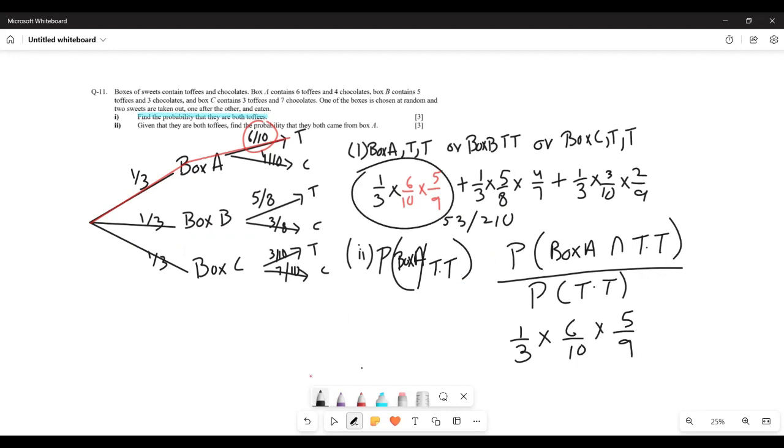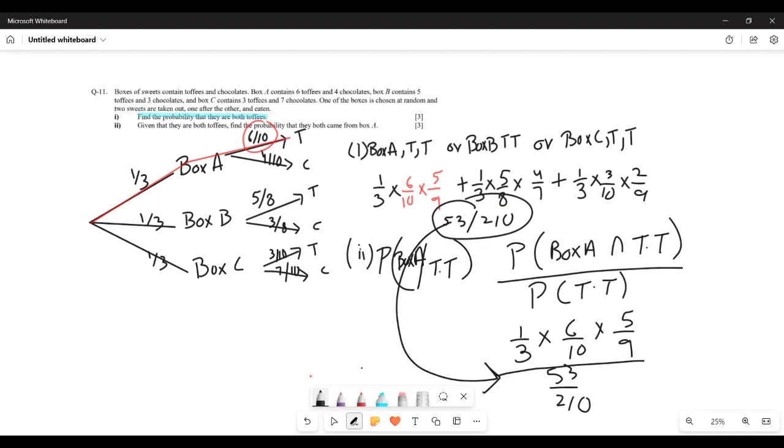We have done this here. Upon the probability of getting toffee and toffee, which is this 53/210. Going on from here, the answer to question 11 part 2 is 70/159.